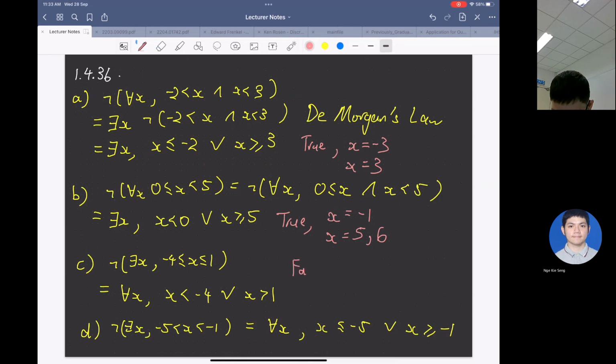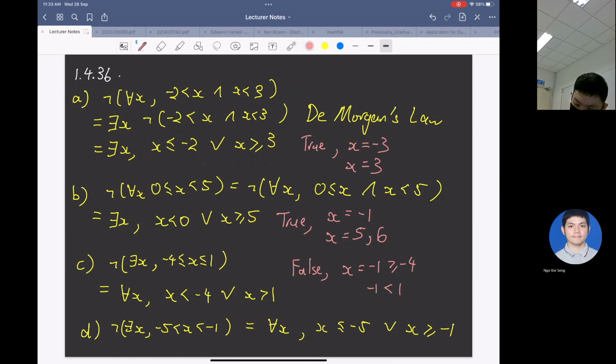Why false? Take x equal to -1. So -1 is greater than or equal to -4, and -1 is less than 1. So also false. Okay, right. So all false.